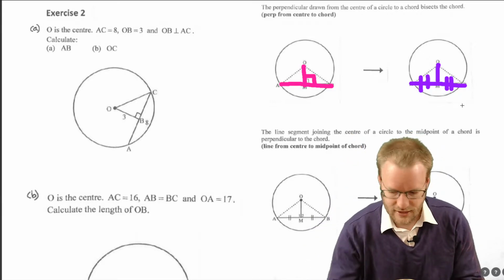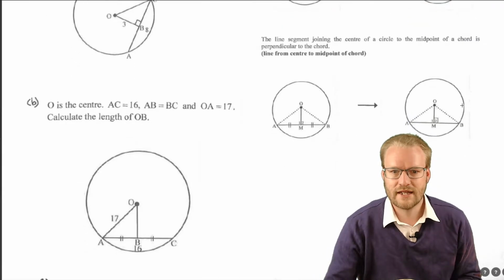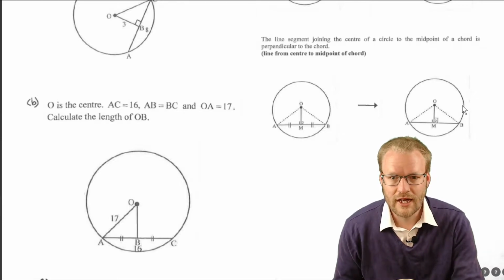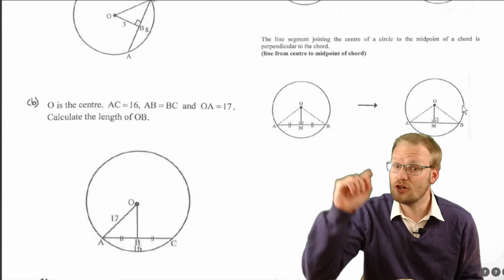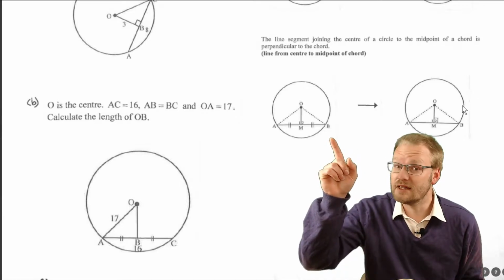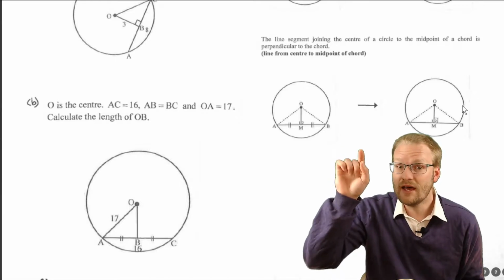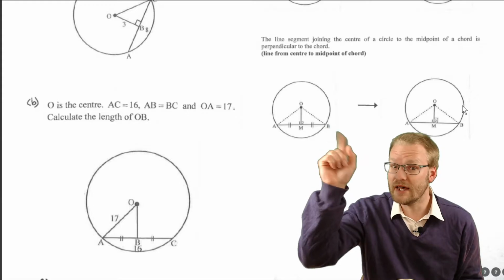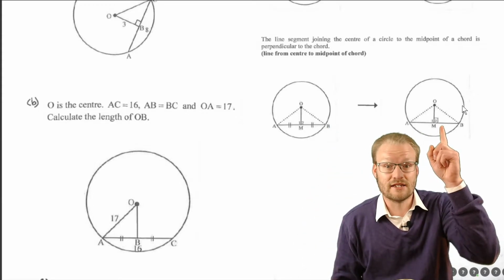Then the second part is almost like the opposite. In this case, we're given that there's a line coming from the center, and it's hitting the midpoint of that chord. If we're given that, then we know that it must be at 90 degrees.